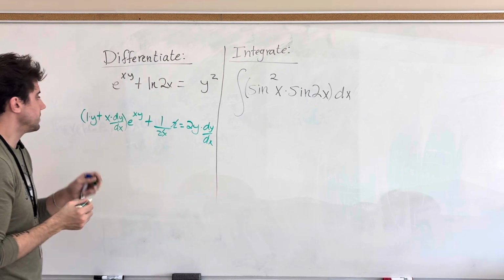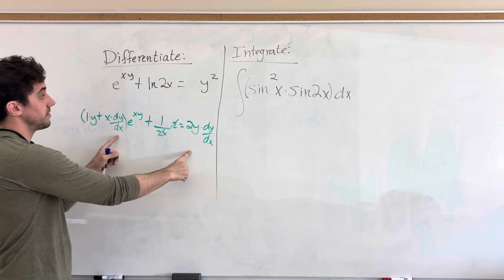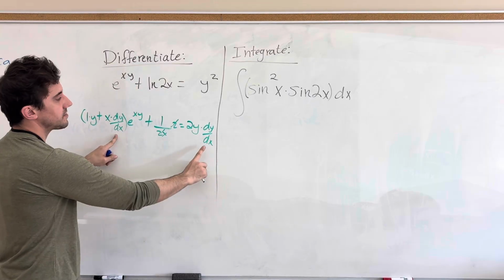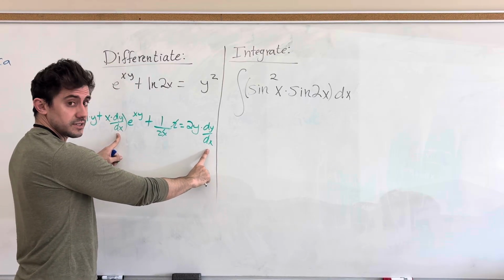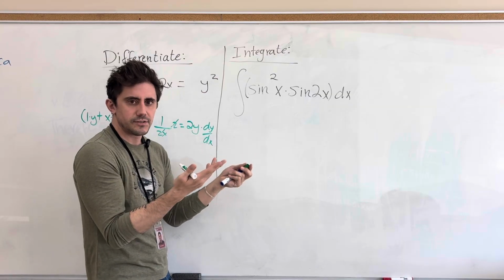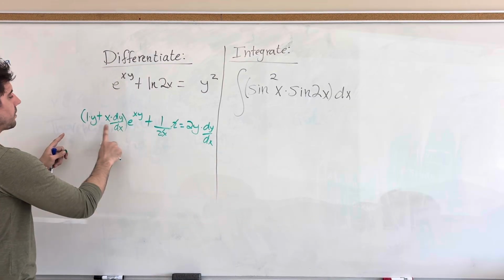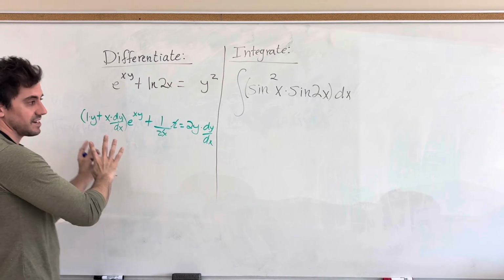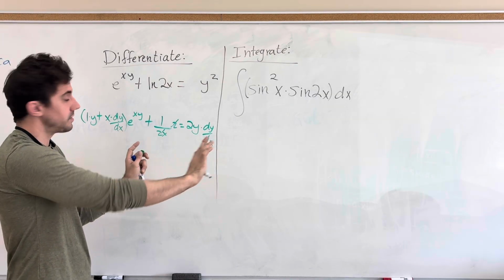So now let's try to clean this up. We want the derivative, right? We want our dy dx. That means that we have to collect all of the dy dx terms, kind of like we isolate a variable since grade 7 or so. And so let's multiply through this, and then we want to get all the dy dx terms on one side, factor it, and isolate it so that we can get an expression for it.